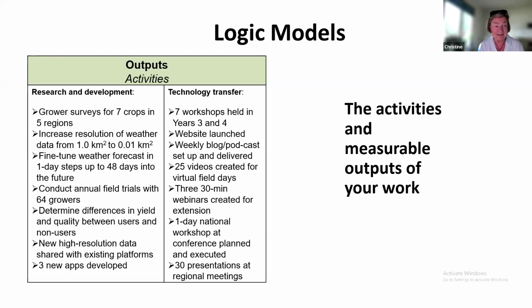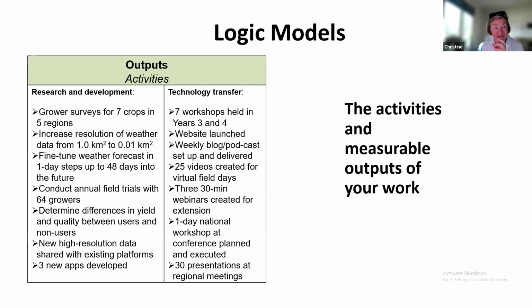We plan to conduct field trials with 64 growers. We will determine the differences in yield and quality between users and non-users. And we will share high-resolution data with existing platforms. And we will develop 3 new apps. All of this is measurable.